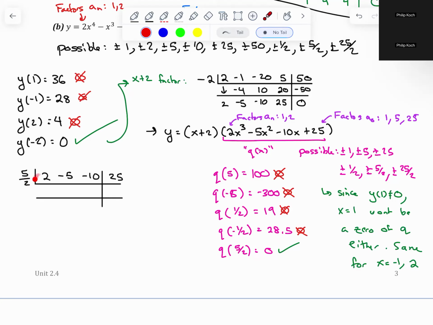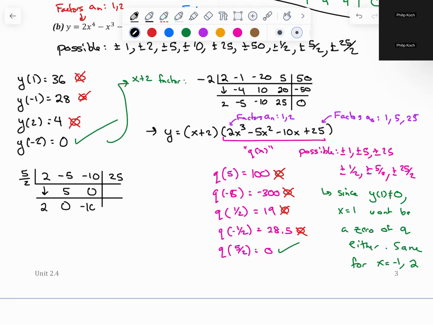And now what I've got to do is start working through that here. But it's just a fraction. It's the same concept. Hopefully we don't have to deal with any more fractions than we have to, but let's see. Bring down the 2. 5/2 times 2. Luckily that cancels out and we get a 5. That gives us a 0. 0 times 5/2 is 0.